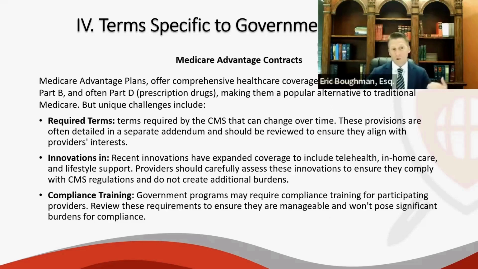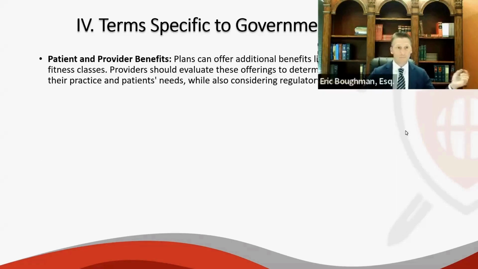All of these contracts will often have some requirements for compliance training, and you want to make sure that you're complying with that compliance training, with risk assessments and so forth. Sometimes, like in Florida, you have to have an emergency management plan and so forth. Make sure that you are meeting whatever the requirements are under the state or federal law for those contracts, in addition to the contract performance.